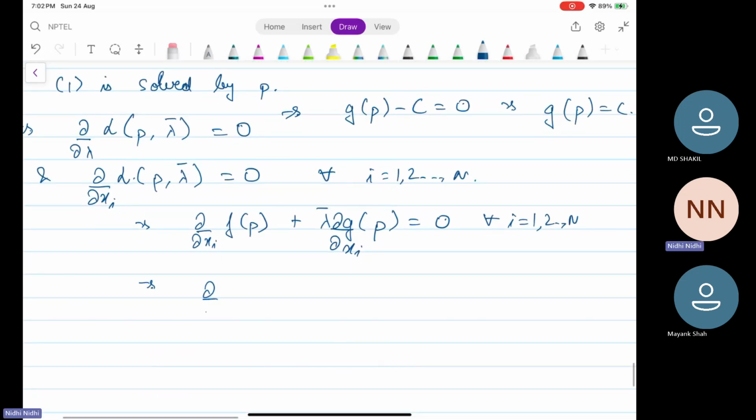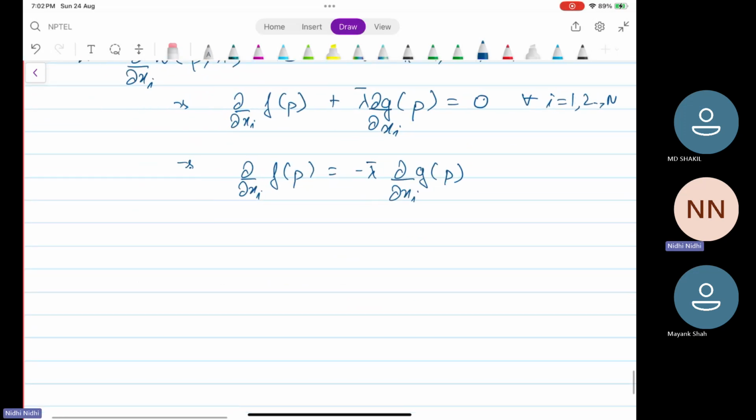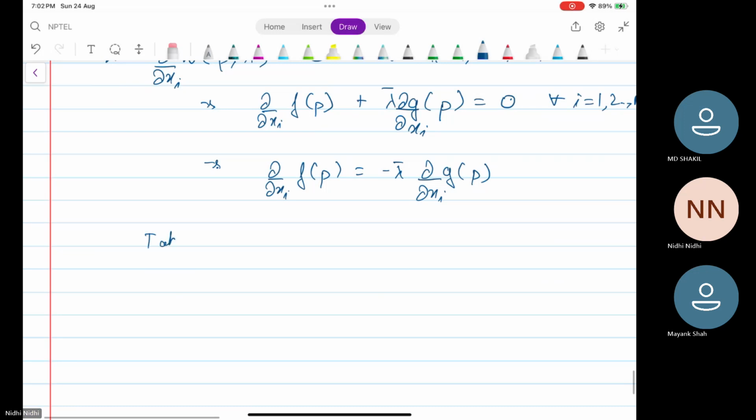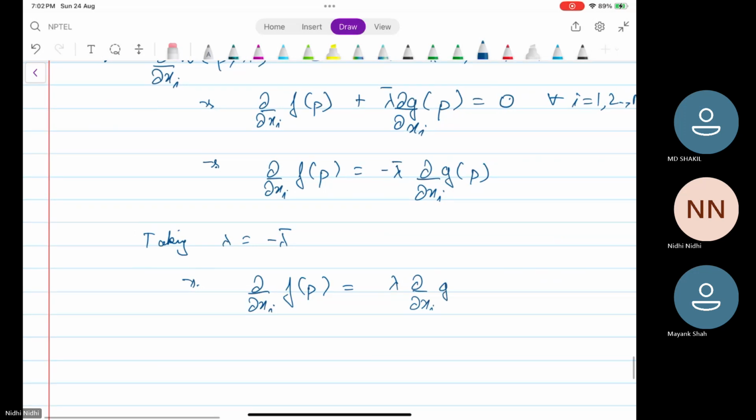This implies del by del xi of f at point P is equal to minus lambda bar del by del xi of g at point P. Taking lambda to be minus lambda bar, we get del by del xi of f at p is equal to lambda del by del xi of g.